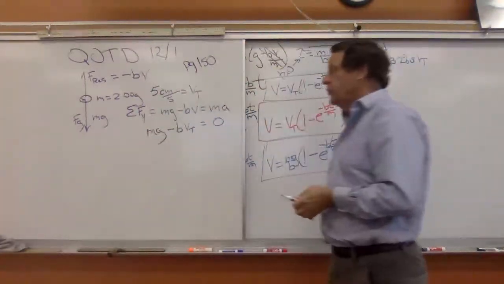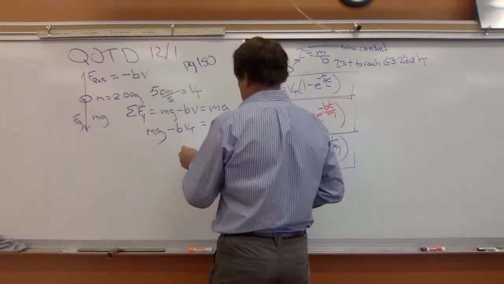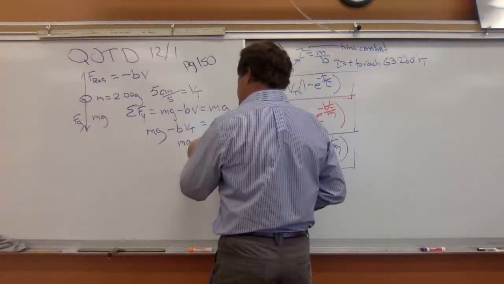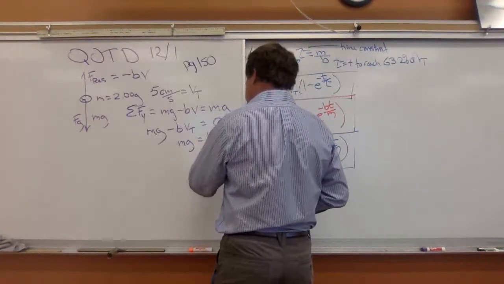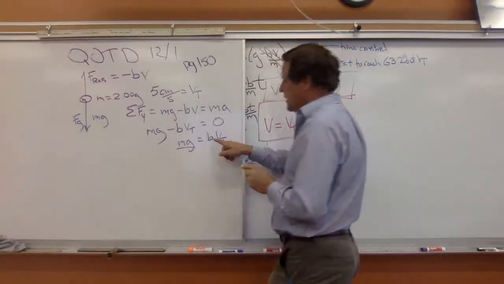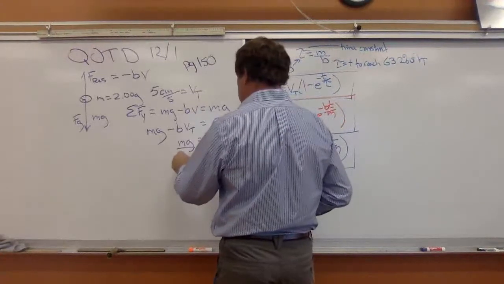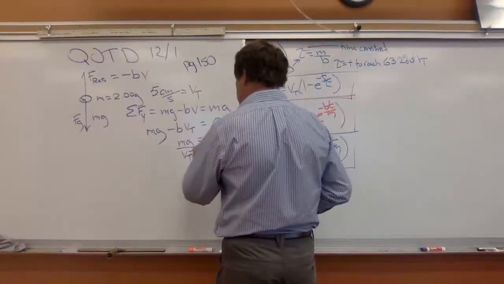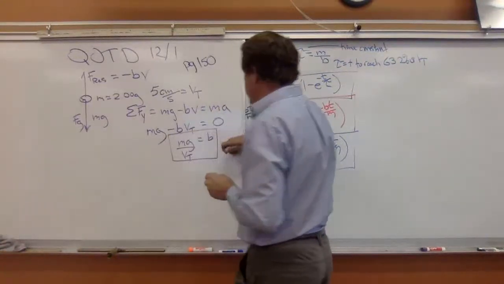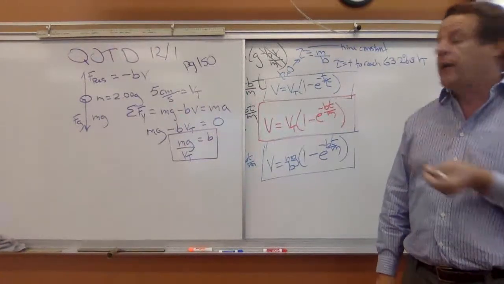That's going to give us mg equals b v_t, and if we divide by b, we would get terminal velocity, but this time we want what that b is. This is going to give us the equation for calculating the b value.